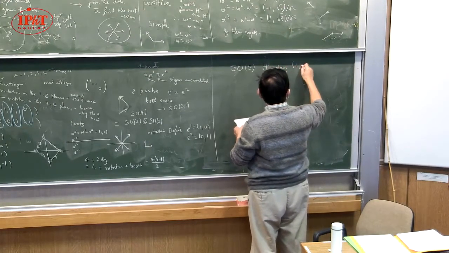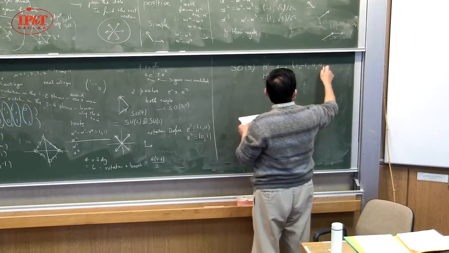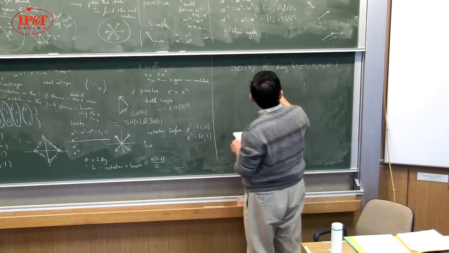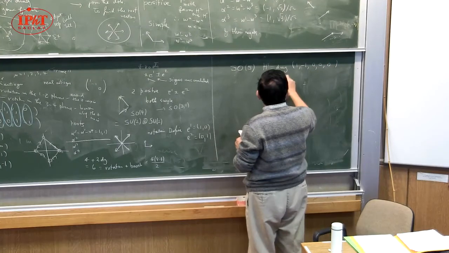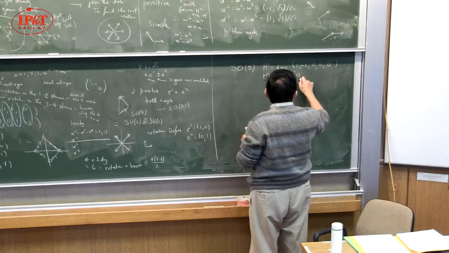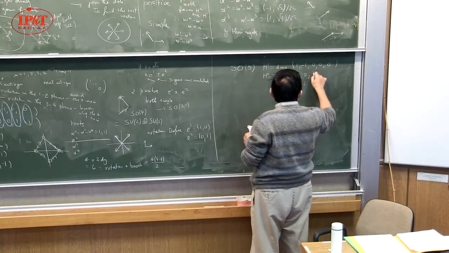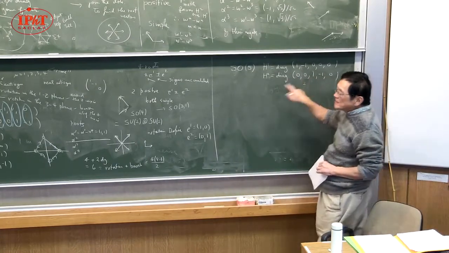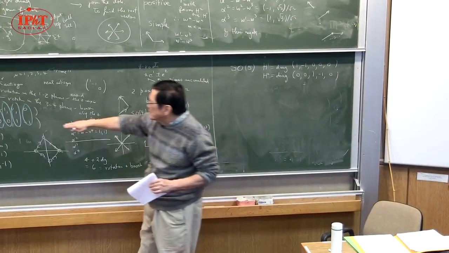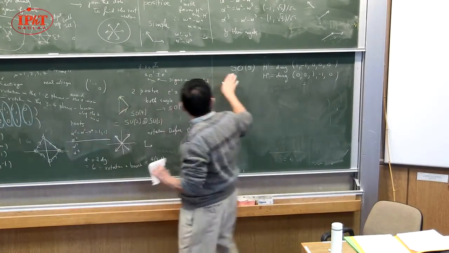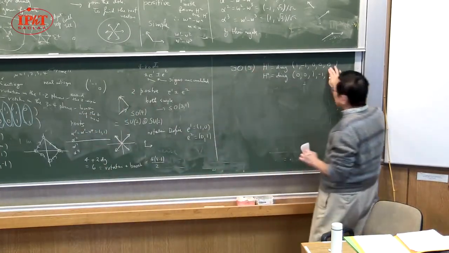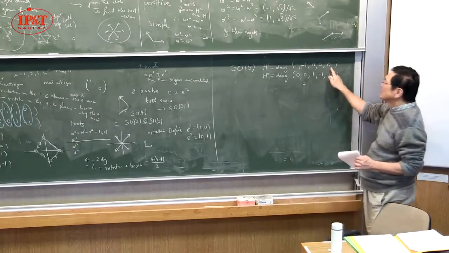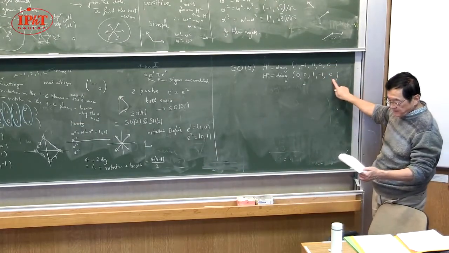H1 is the diagonal (1, -1, 0, 0, 0), and H2 is the diagonal (0, 0, 1, -1, 0). These two are exactly the same as in SO4, which is a subalgebra of SO5, but now it's a 5 by 5 matrix, so there's an extra 0 at the end.